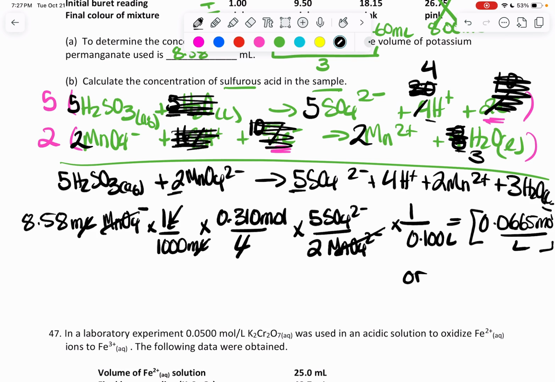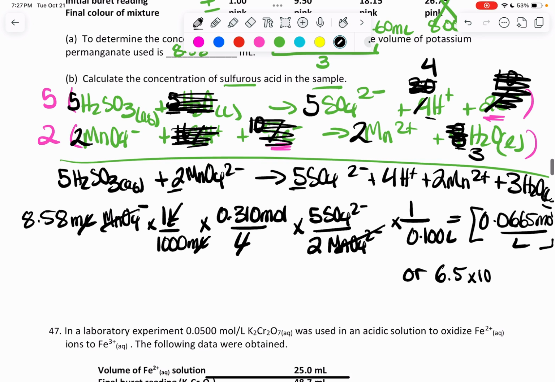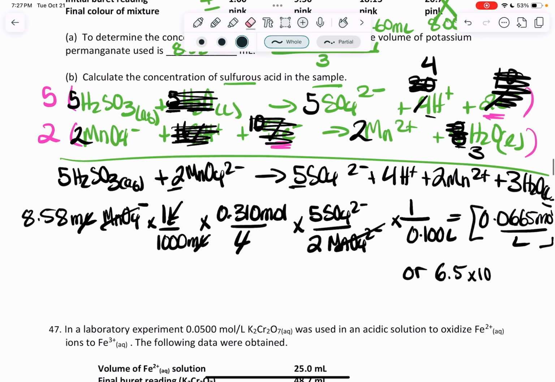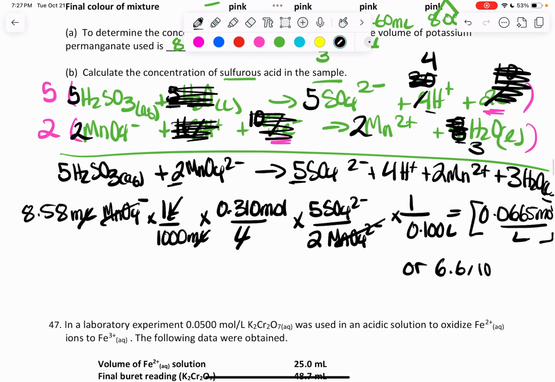Or if I want to do it in scientific notation, 6.6 times 10 to the negative 2 moles per liter, because I'm going back 1, 2, and actually it should be 6.67 because I'm going to round this up.